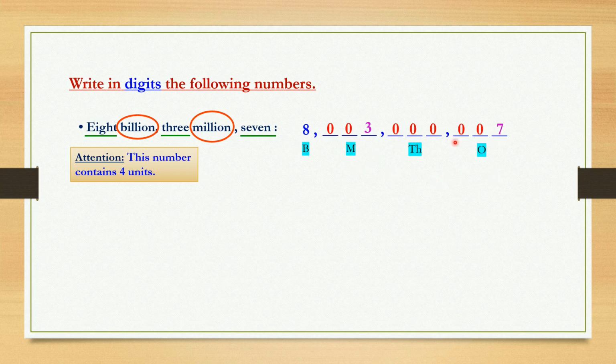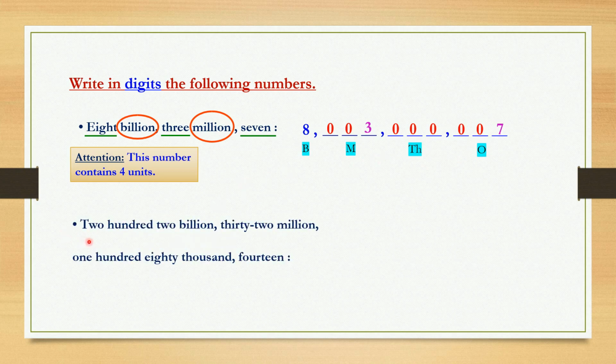If I don't place these zeros, the number will be completely different. If I only place 837, it will be 837. It's a completely different number. So be careful. Now let's check again. It's 8,003,000,007. So it's correct.